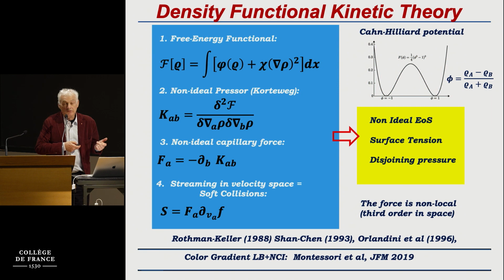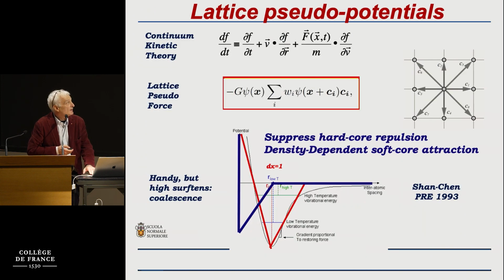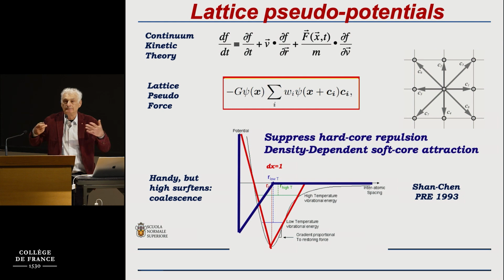You can control the surface tension, and you can control the disjoining pressure, which is pretty close relative to the near contact interaction I was discussing before. So there is really a lot of richness. I mean, you have to go through the details, but in the end, in the code, what you do, basically, you add some sort of lattice potential, very simple, which encodes the potential energy interaction.